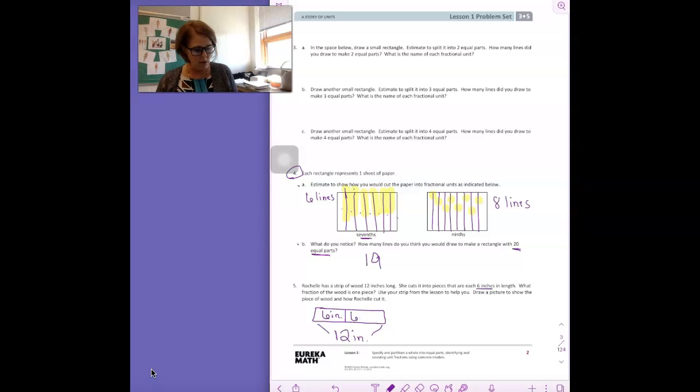So this piece would also be 6 inches. The question is, what fraction of the wood is one piece? So if I have 2 parts, one part then would be 1/2, right? Or 1/2, like that.